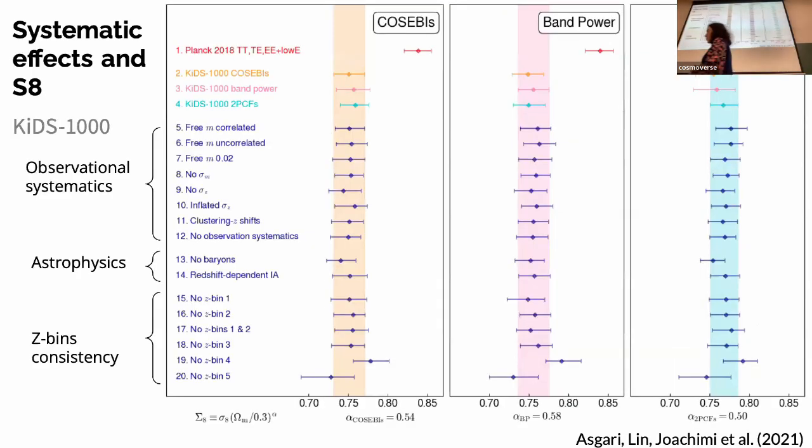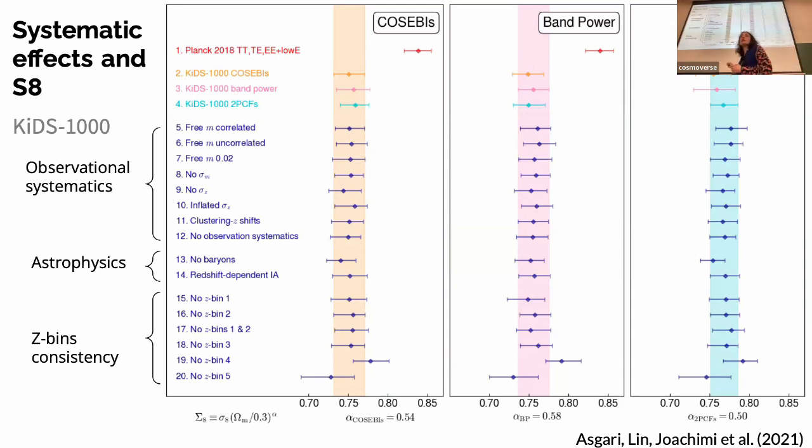Okay, so I'm not going to go through all the things that are happening here because there's a lot. But I want to just show that generally you see this kind of plots in weak lensing and other survey analyses, and what it's trying to show is that this is your main parameter, and what happens if you change certain parts of your analysis.